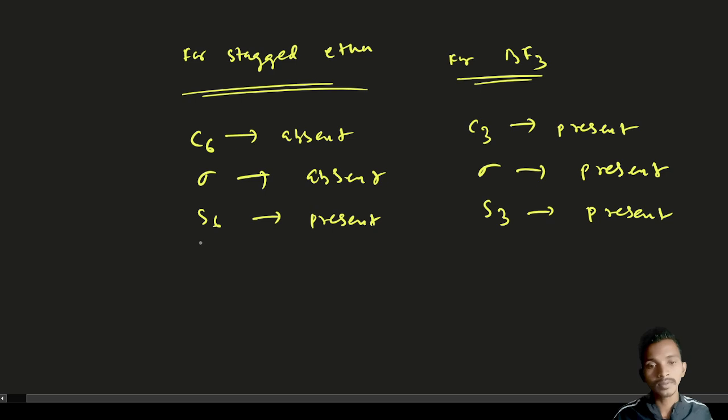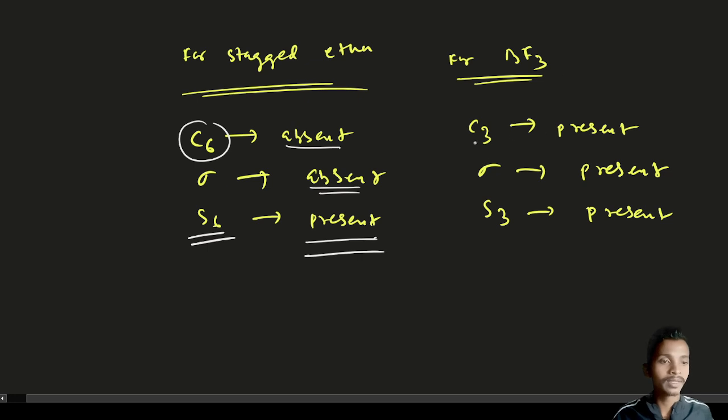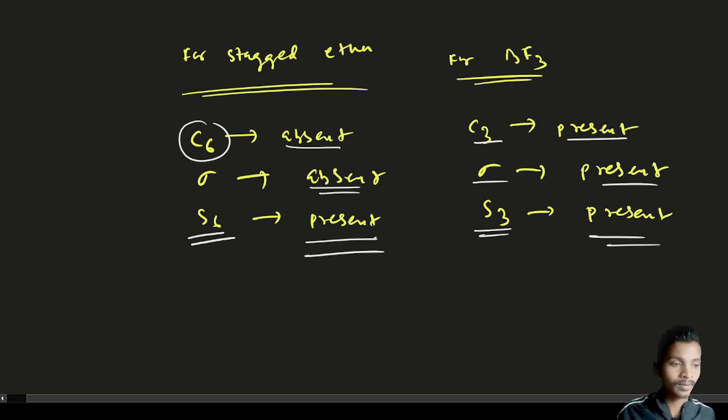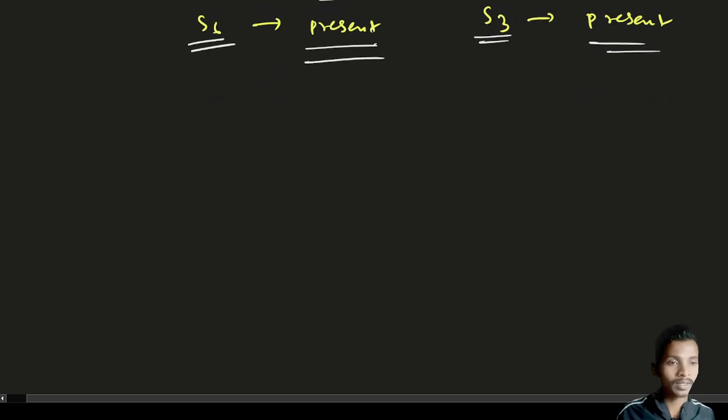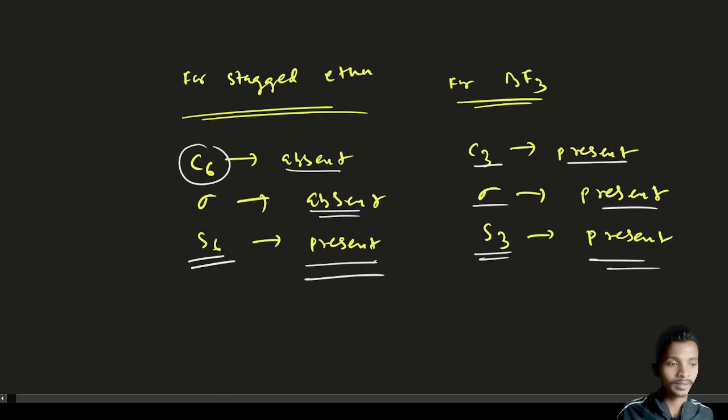So for the existence of S6, the proper axis is absent and sigma is absent, but still improper S6 is present. Here C3, the proper axis, is present, sigma is present, and S3 is also present. Okay, what is the conclusion and what is the general formula, we will discuss. Let's discuss more, and after that we will conclude about it.